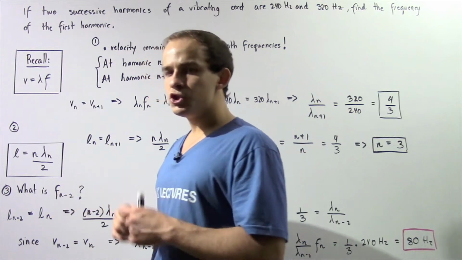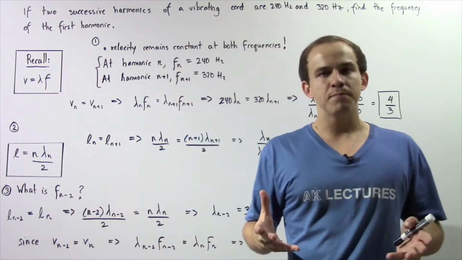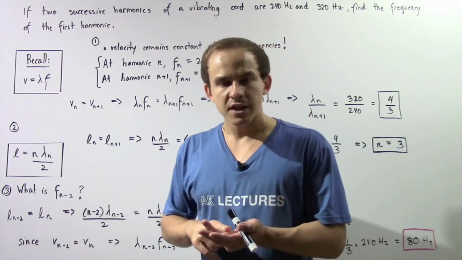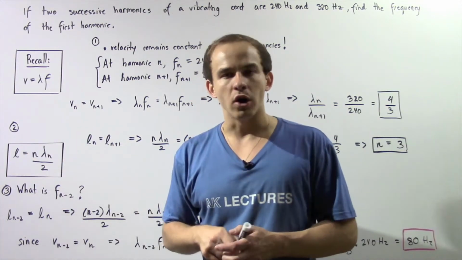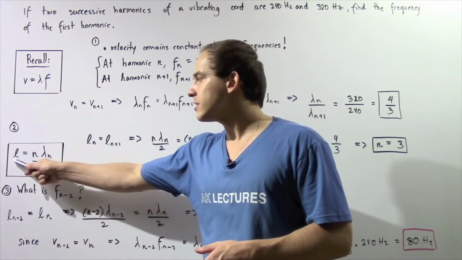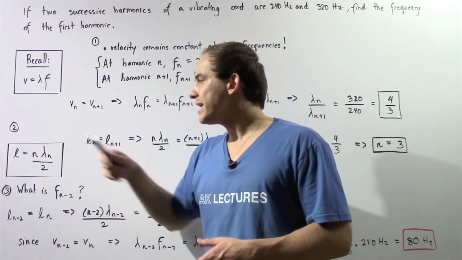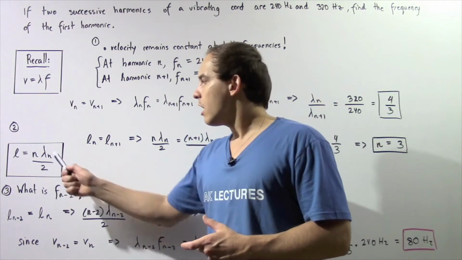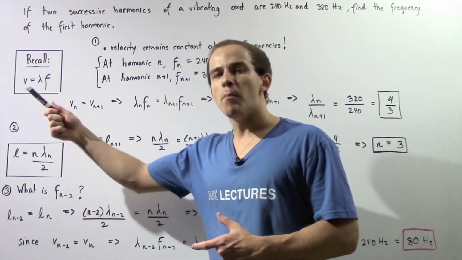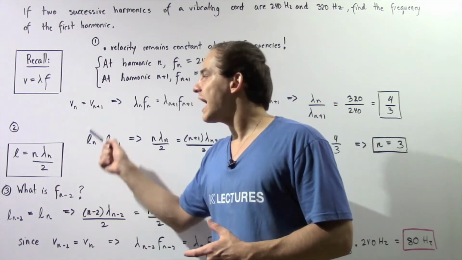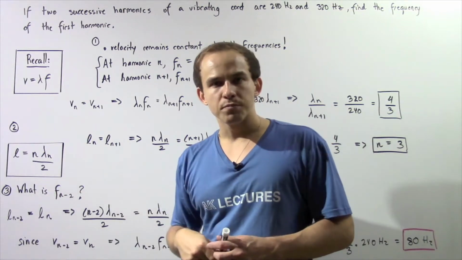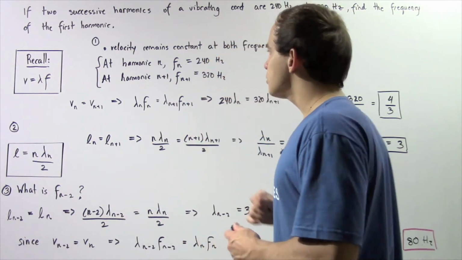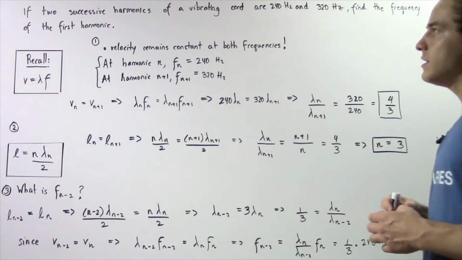Equation number two gives us a relationship between the wavelength, the harmonic, and the length of our chord. It tells us that the length of our chord L is equal to the product of the harmonic number n multiplied by the wavelength at that harmonic, lambda n, divided by 2. We're going to use these equations in just a moment.